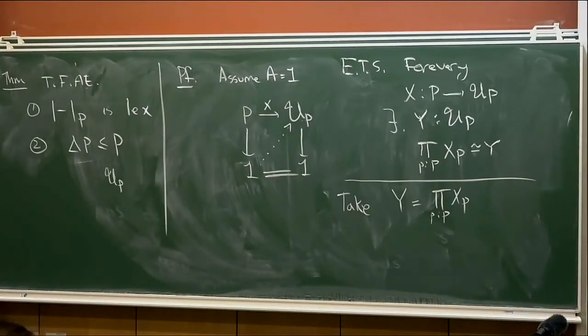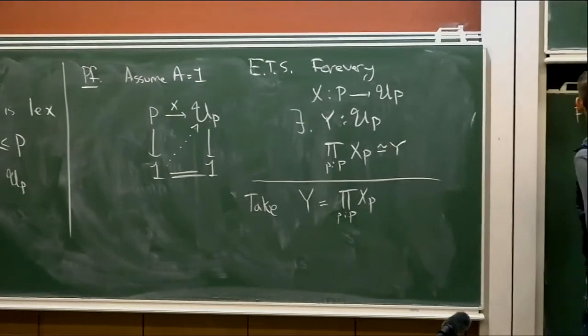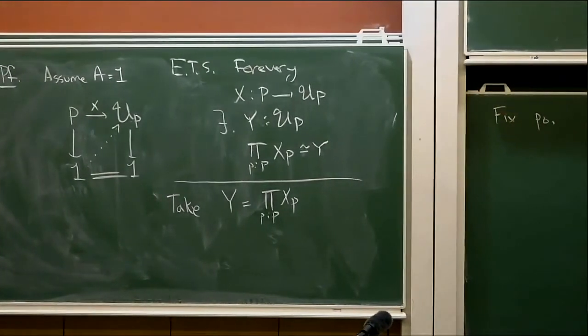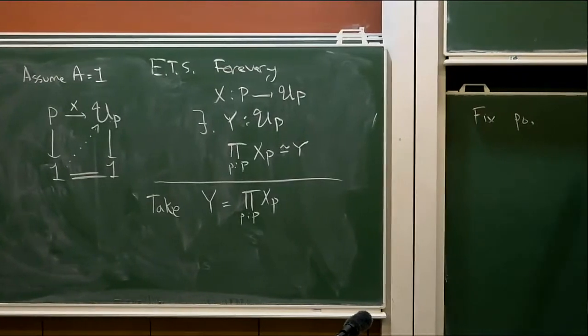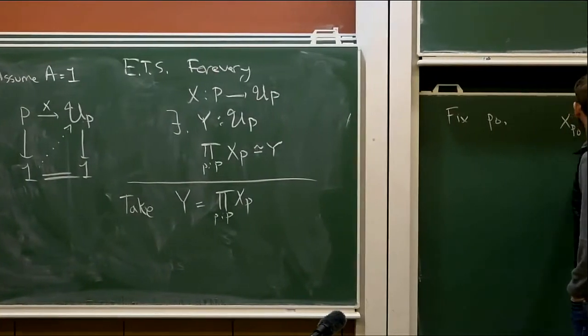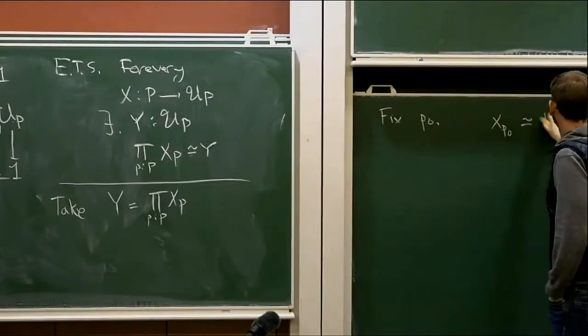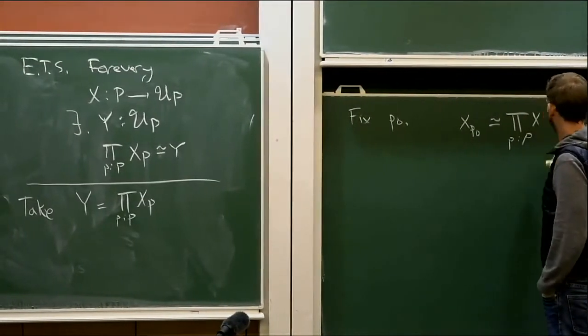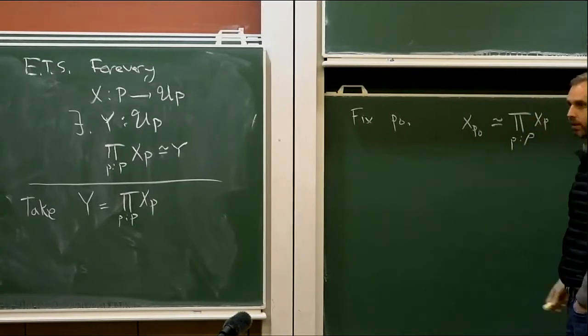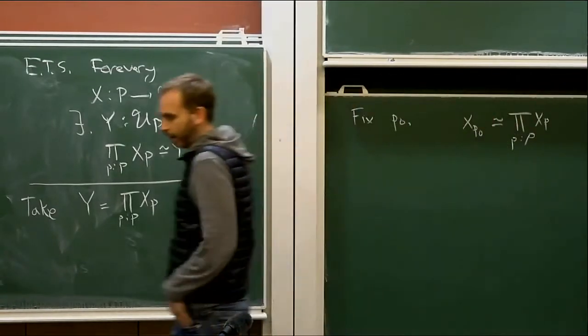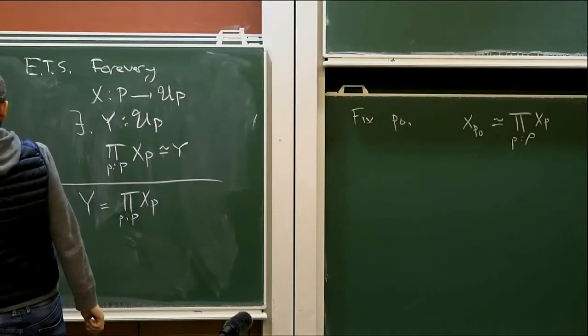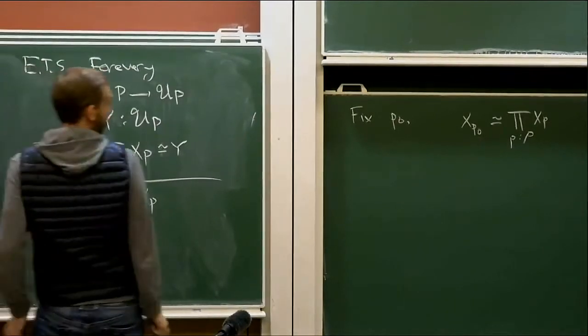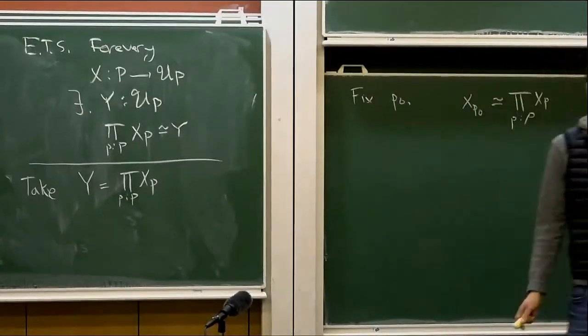Let's fix a P naught. We need to show that X of P naught is equivalent to the space of sections of X over P. So how are we going to do this?